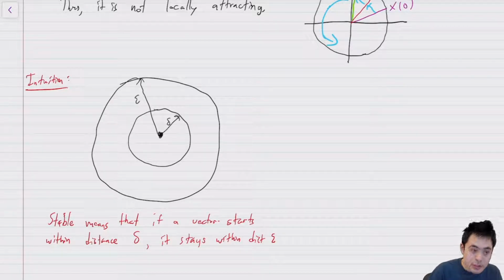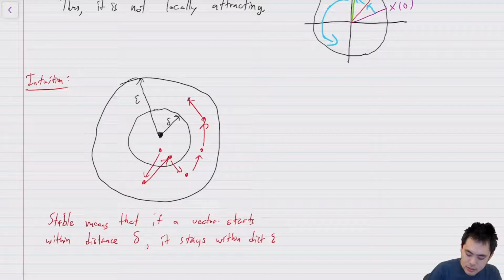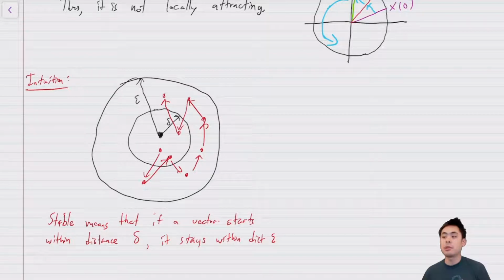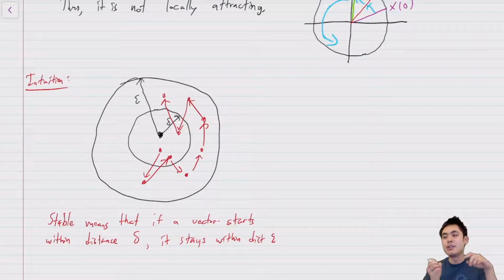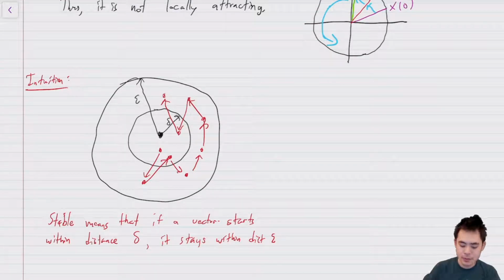So let's say you start at a point here, well, maybe you go there, maybe you come back here, maybe you go back out, maybe you circle around for a bit, maybe you come back, maybe you don't. But whatever happens, you stay within this ball epsilon, assuming you start out within some delta. And so what stable means is that for any epsilon, you can find some small enough ball delta that you never go farther than epsilon.